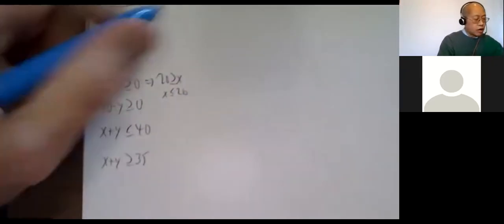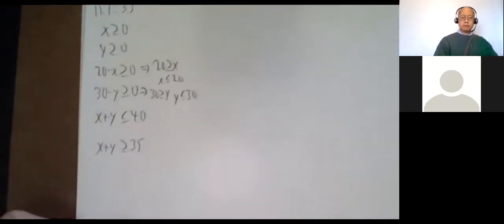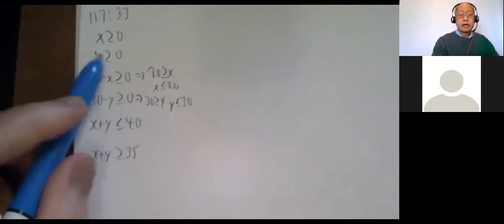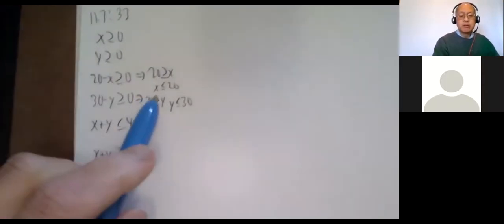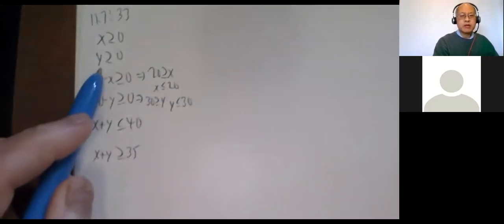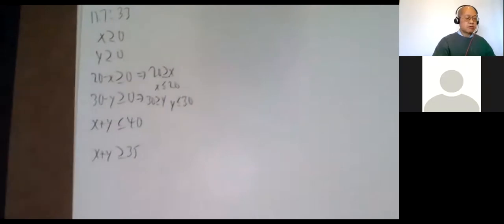This one, if I add Y, 30 is greater than or equal to Y, or Y is less than or equal to 30, which basically means I've got a box. X has to be greater than or equal to 0, but less than or equal to 20. Y is greater than or equal to 0, but less than or equal to 30.